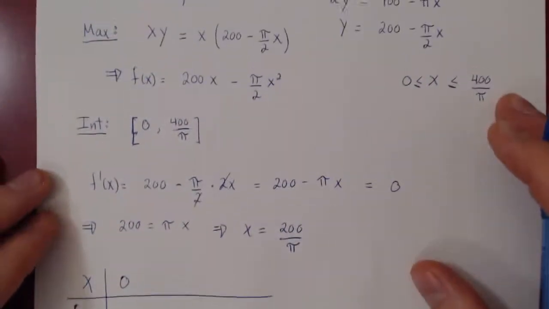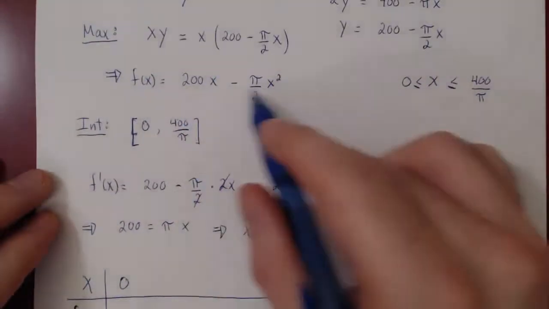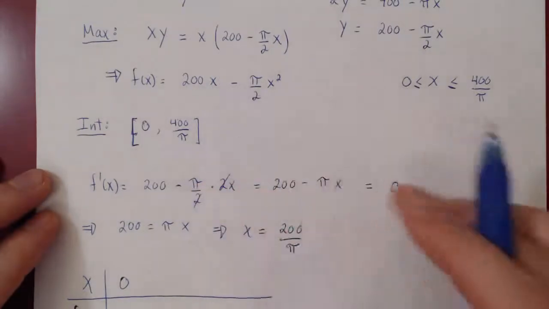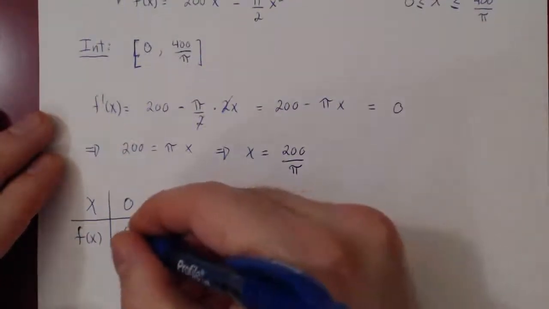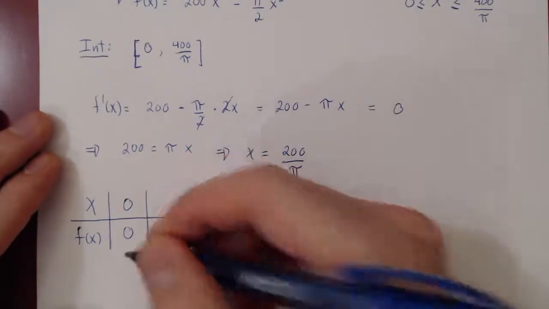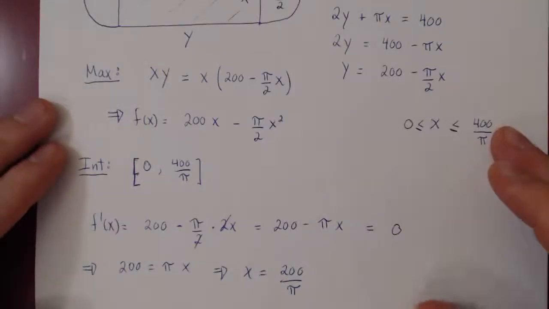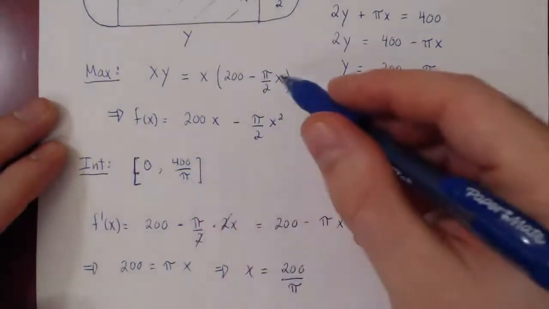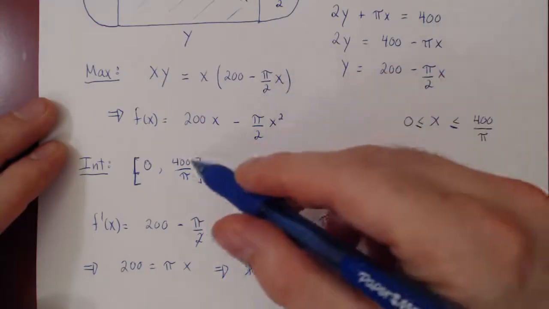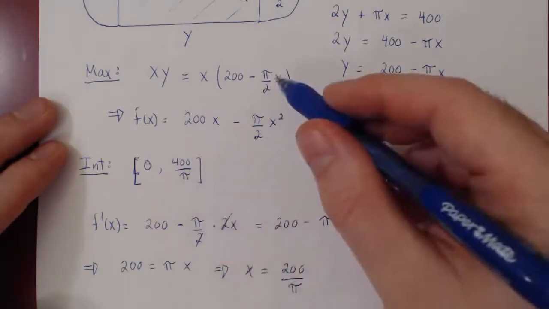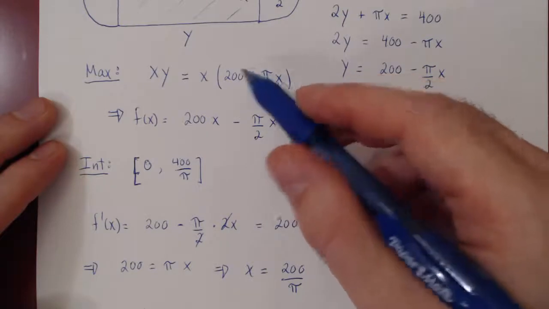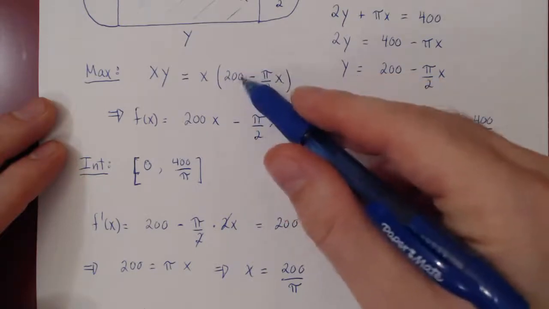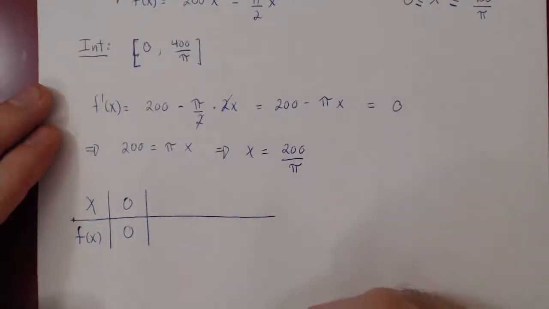If you just look up, this is your function. If x is 0, this is clearly 0. But we knew this just from the picture. What if x is 400 over pi? Plug it in here, so x over 2 will give you 200 over pi, times pi is 200. 200 minus 200 is 0, and once again the area is 0. Clearly not our maximum.